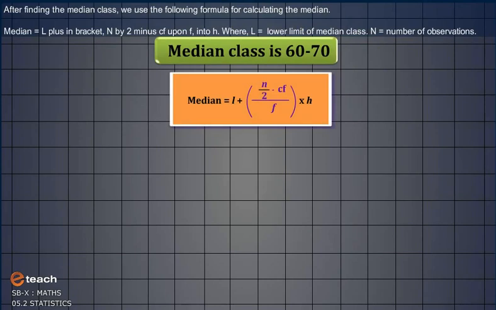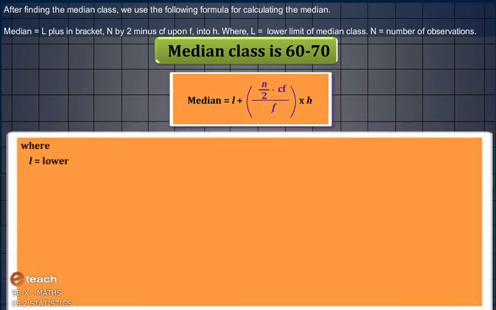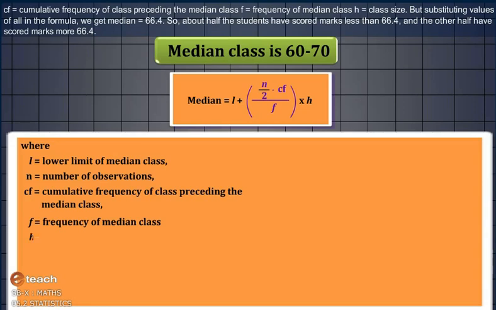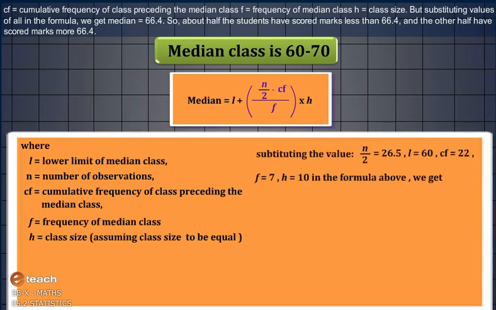Median equals L plus (n by 2 minus CF) upon F, into H, where L equals the lower limit of the median class, n equals the number of observations, CF equals the cumulative frequency of the class preceding the median class, F equals the frequency of the median class, and H equals the class size.